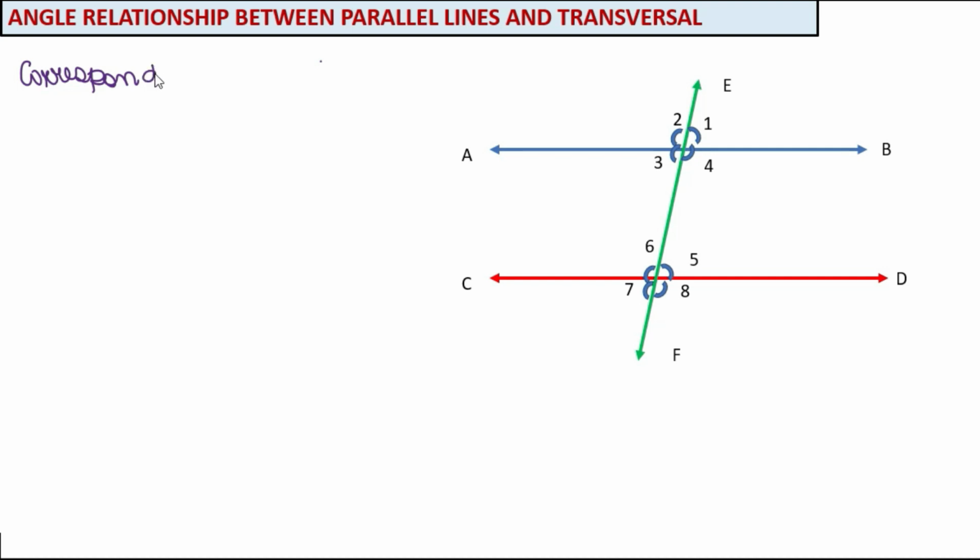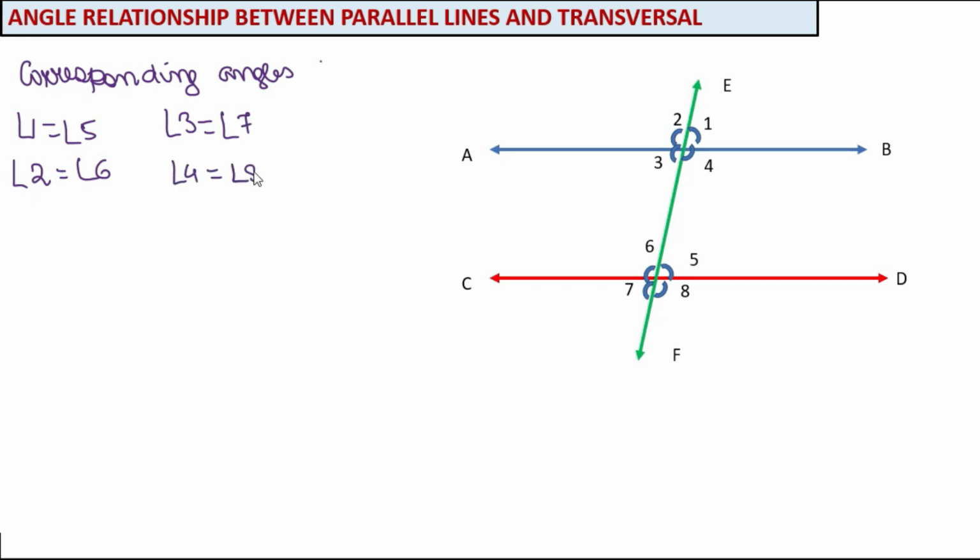I am just telling the angle relationships. Angle 1 equals angle 5; corresponding angles are angle 1 and angle 5. Angle 2 equals angle 6 are the corresponding angles. Again, angle 3 equals angle 7 and angle 4 equals angle 8.